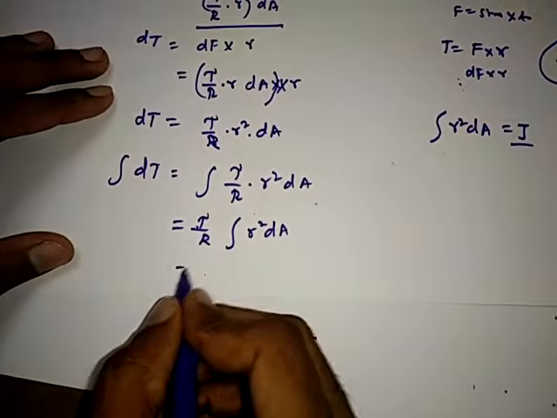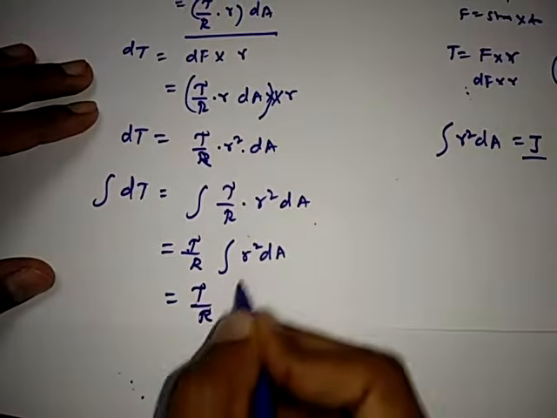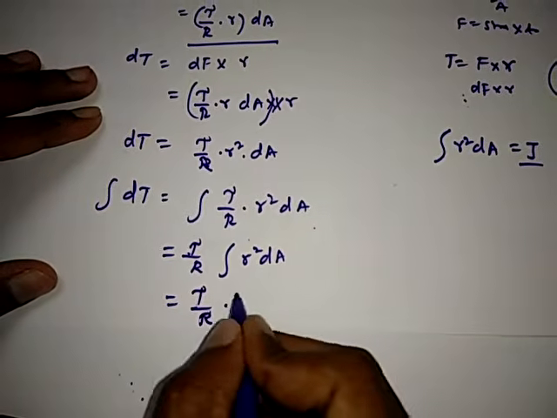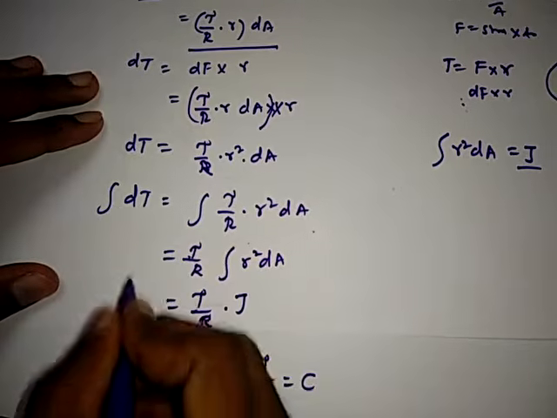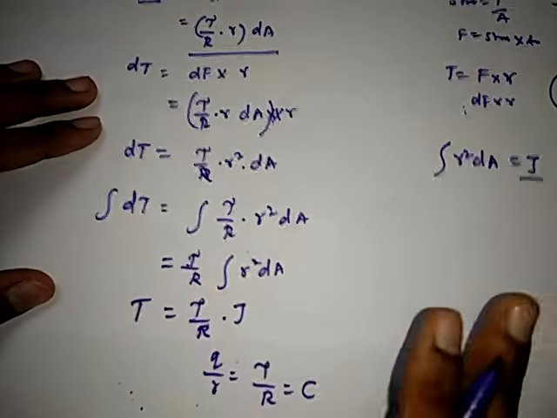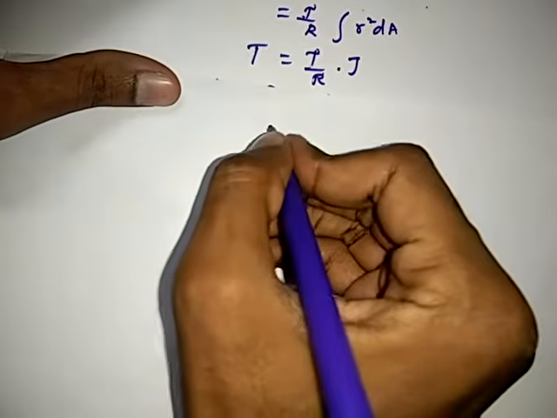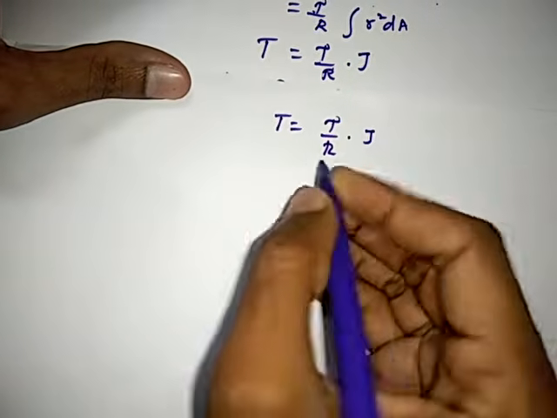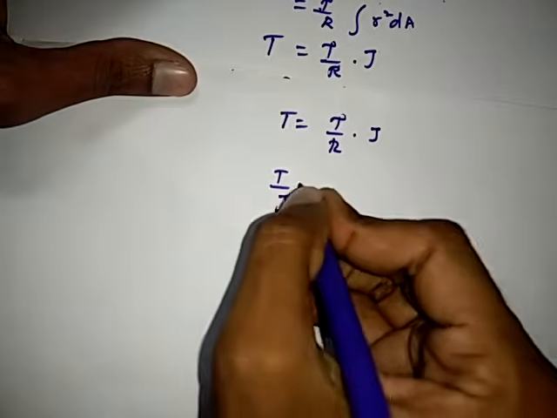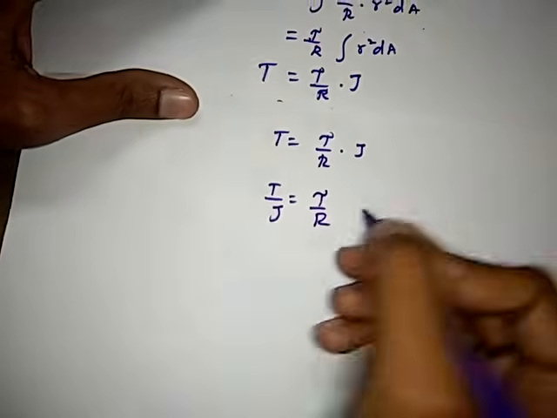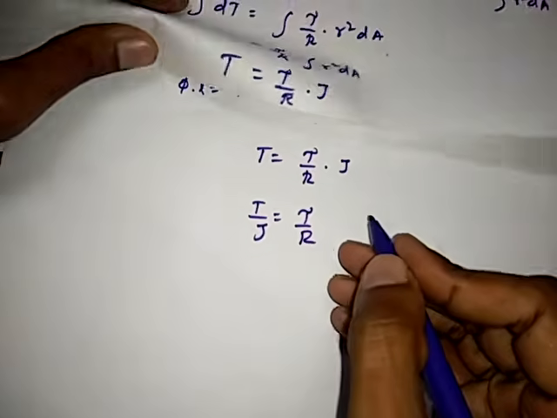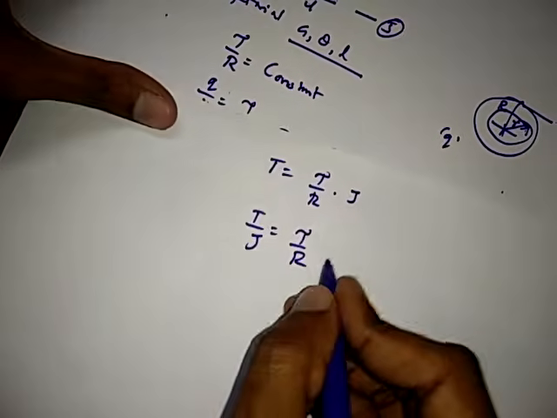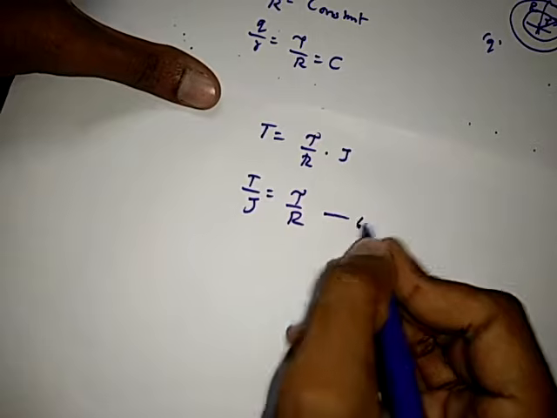So finally we can write the integration of r square dA as J, and the integration of dT is T. From this, we can write T is equal to tau by R into J, that is, T by J is equal to tau by R. This is equation number 6.